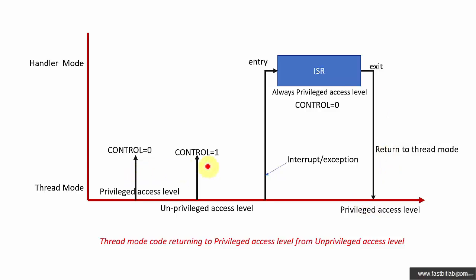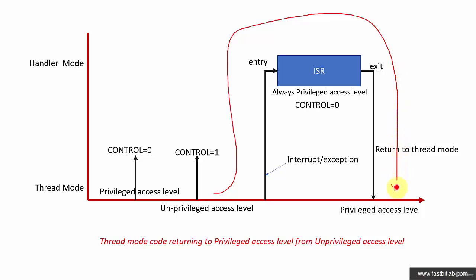Once you changed thread mode's access level from privileged to unprivileged, to change back to privileged, you have to take this path. That's the only path available. That is, you have to trigger a system exception or interrupt, go to the handler mode, modify the control register there, and then come back to the thread mode.